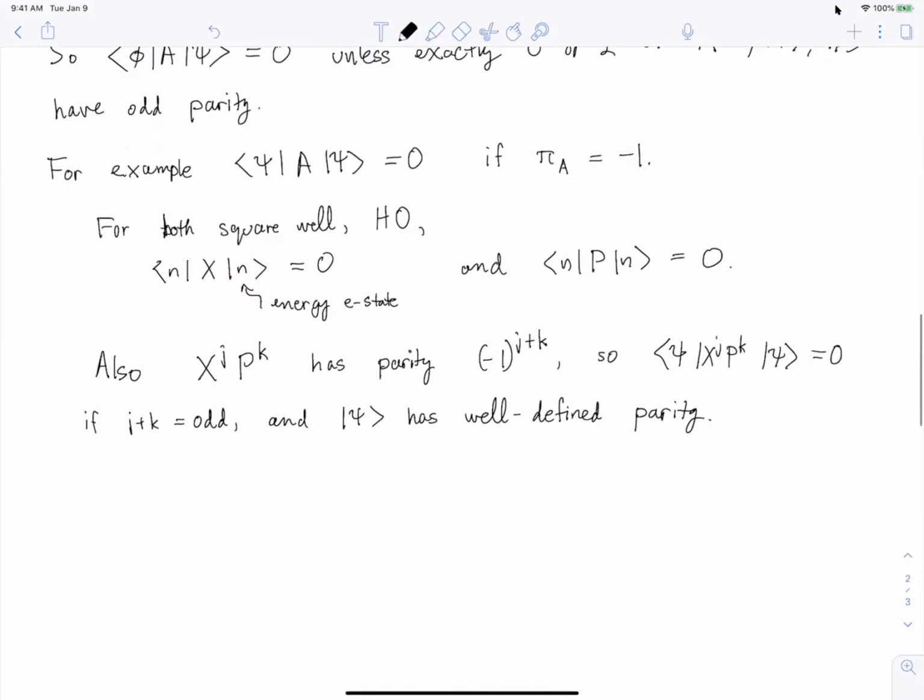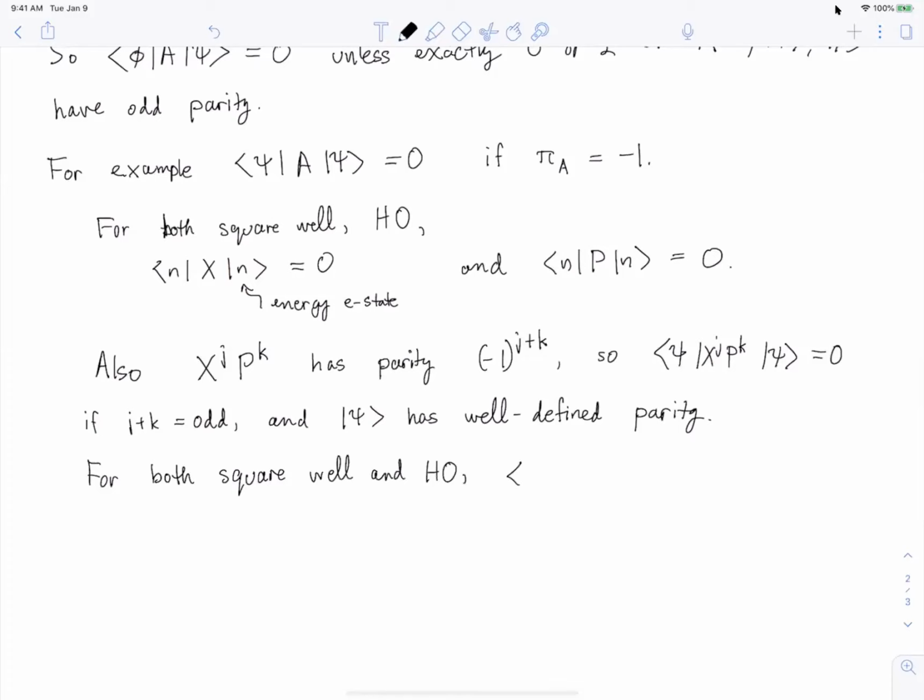And so for both the square well and the harmonic oscillator, the only property of the harmonic oscillator that we're using here is that its Hamiltonian is invariant under parity. That's why it's possible to talk about it without even having done it yet.